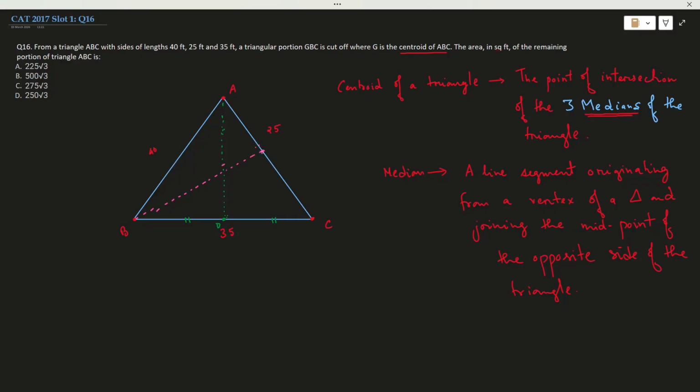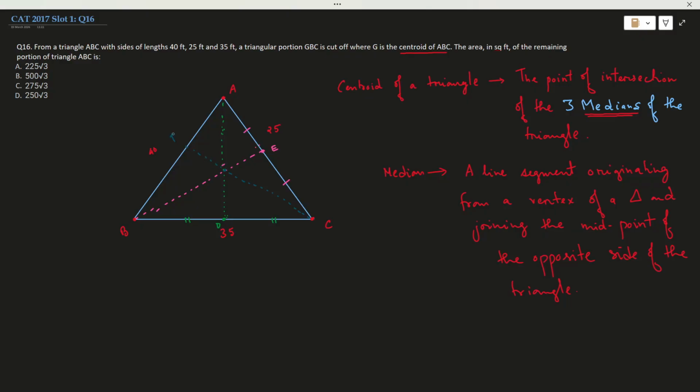Suppose this is the midpoint E. So this length is equal to this length, and let's say this is the median CF.